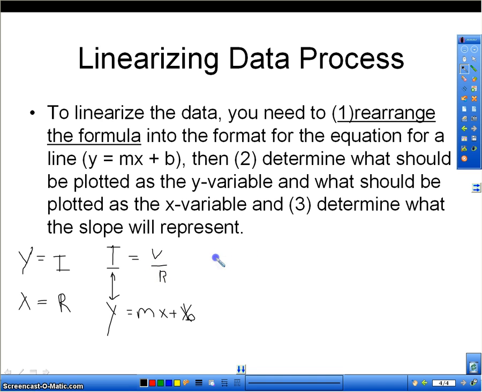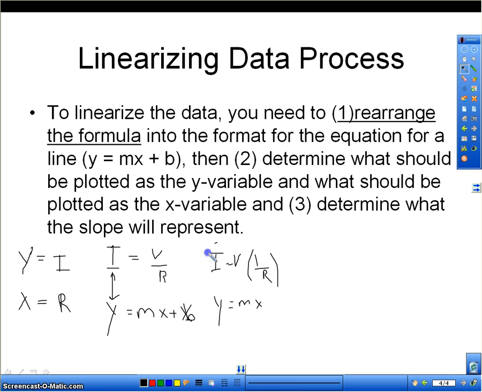So I'm going to write this as I equals V times 1 over r. It's the same thing, I'm just pulling the r off to the side. I'm doing this because this starts to look more like y equals mx, and remember I've ignored the b because there's no b.